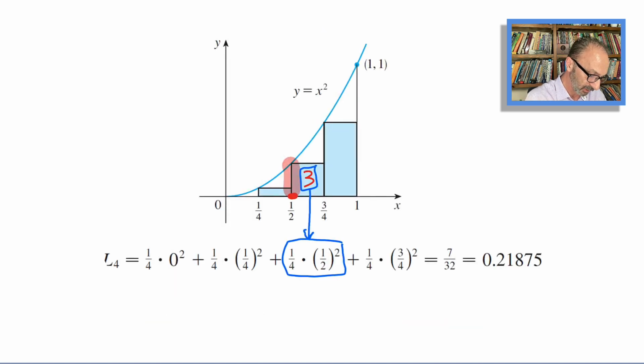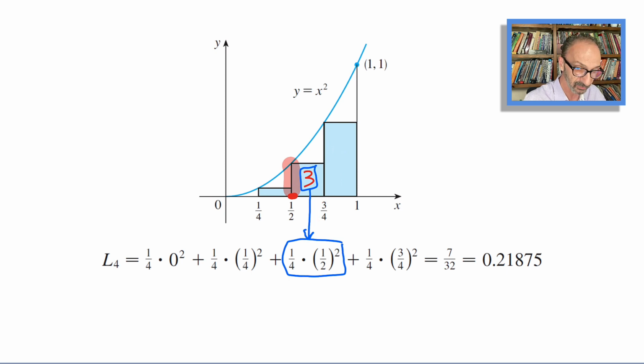This time we're doing the left Riemann sum. Being in the third stripe, we have 1/4, which we agreed on as delta x, and now we are considering (1/2)^2, not (3/4)^2 like earlier.